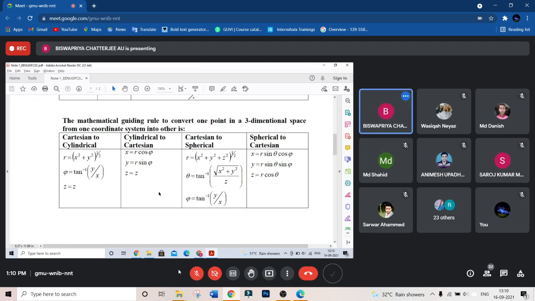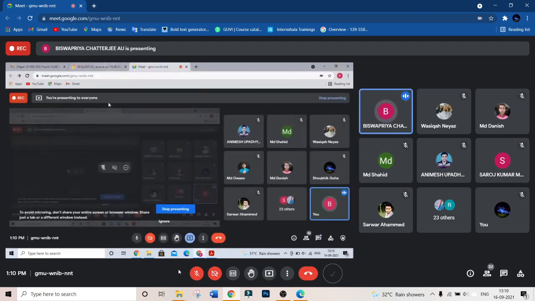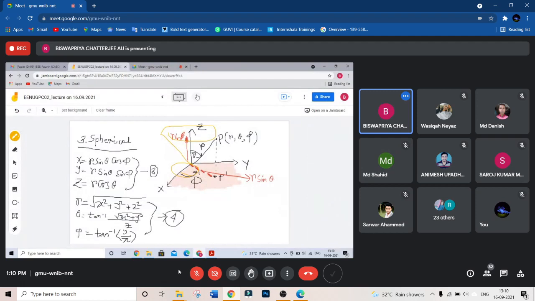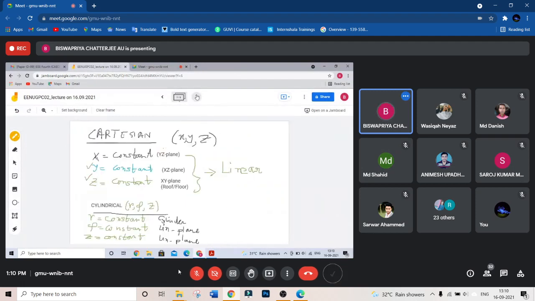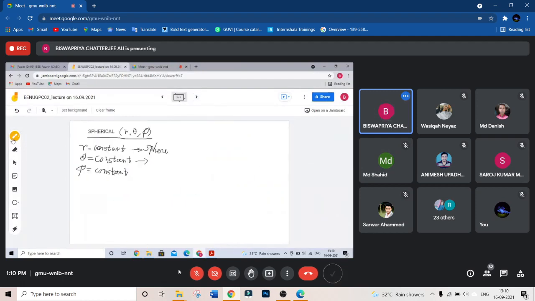Not a cone. It will generate an inverted cone.